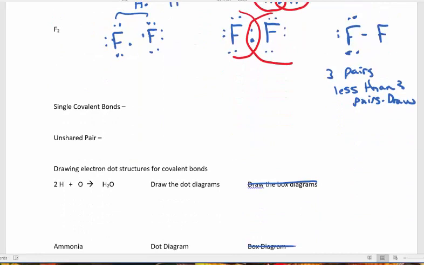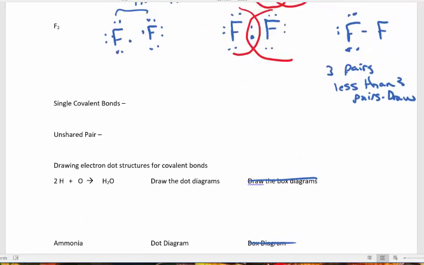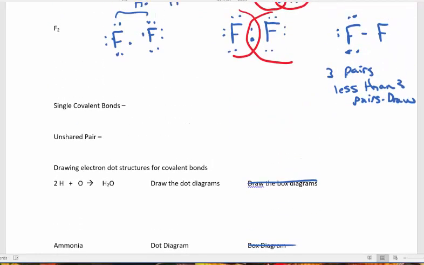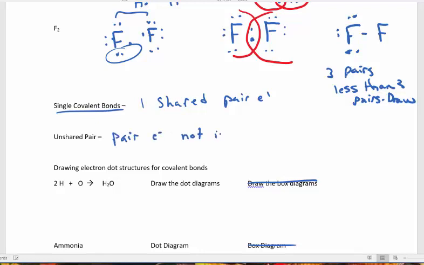And we'll show that in some examples a little bit later. All right, so let's talk about some terms and then do some more examples. A single covalent bond, like we said, is one shared pair of electrons. An unshared pair is, for example, that fluorine where you have a pair of electrons not involved in bonding.